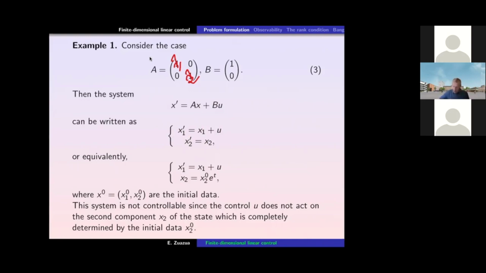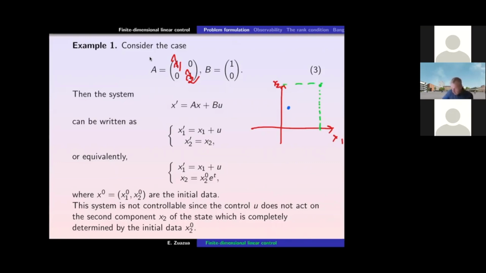So if you were drawing the dynamics of this system in X1, X2, and you give me some initial datum, according to this analysis, if you tell me, okay, my target is going to be this one, I will tell you, well, listen, the only thing I can do is control the X1 component of the system.